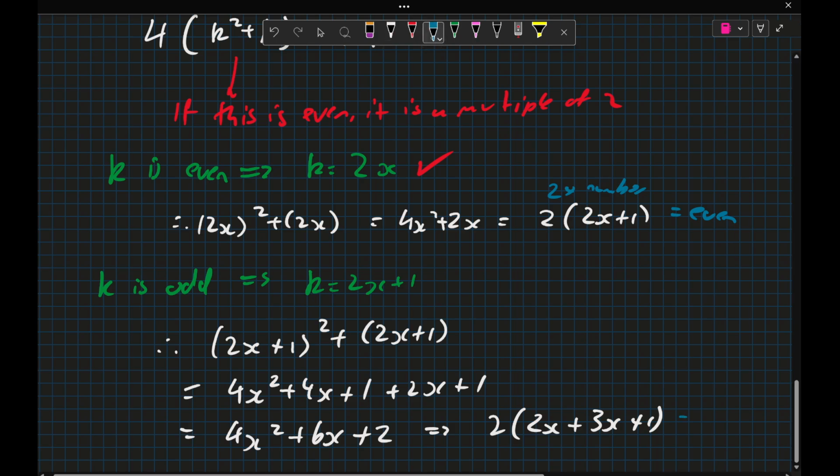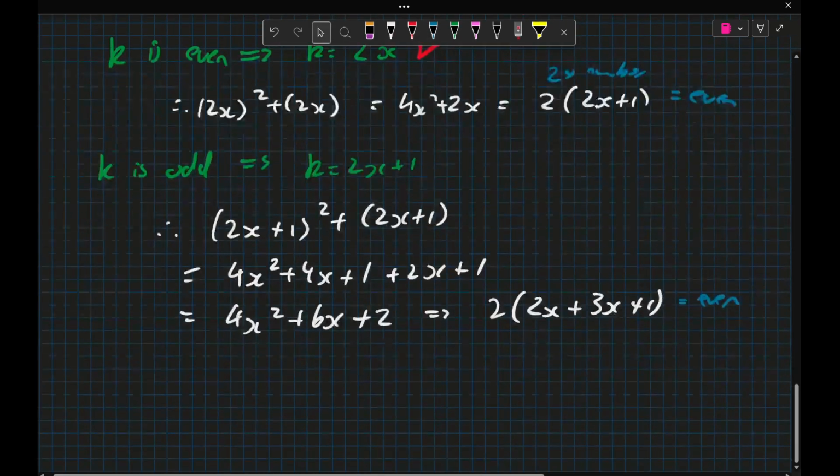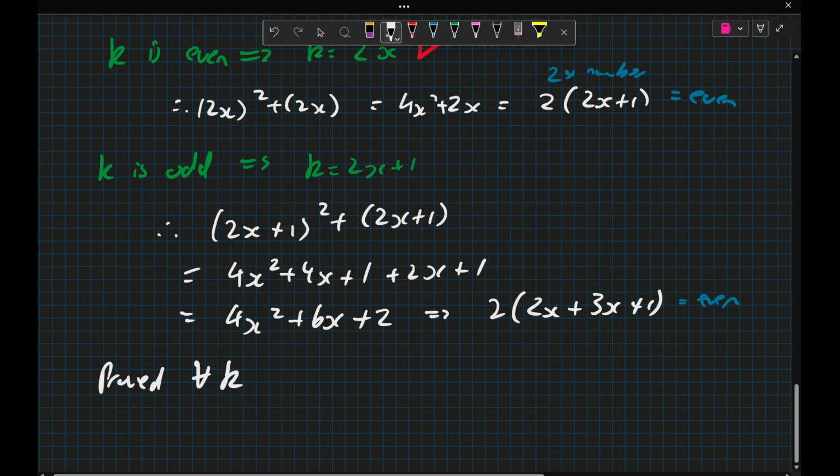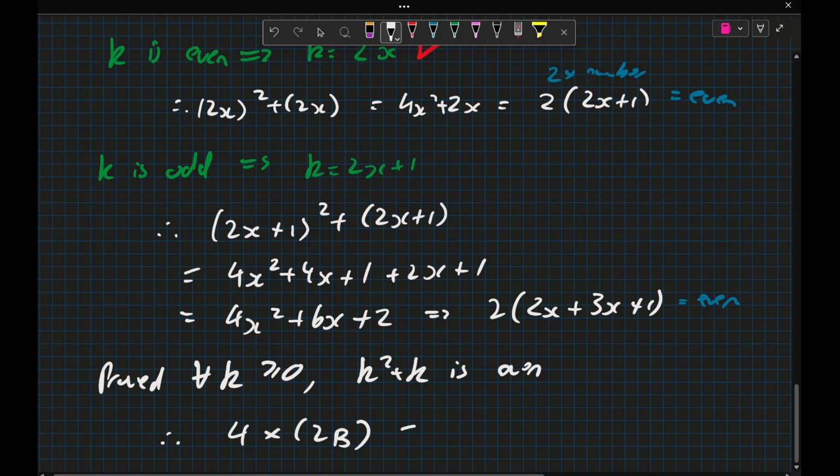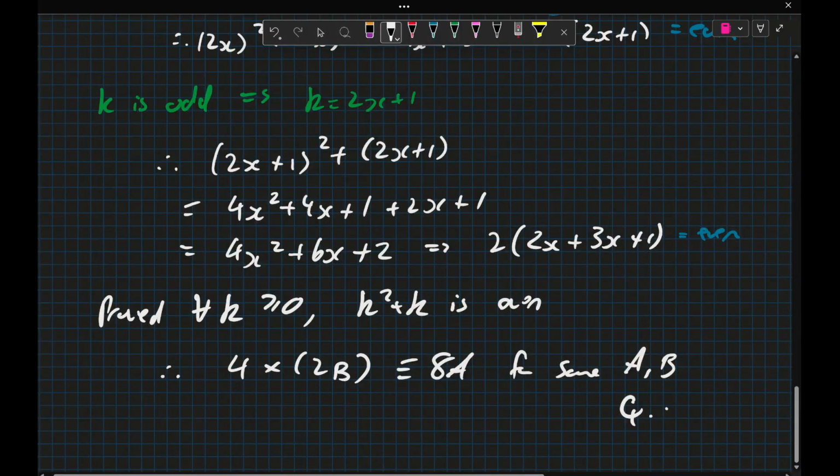Again, that is even. So we've proved for all k greater than or equal to 0, k squared plus k is even. Therefore, 4 times an even number, which we'll call b, is always equivalent to 8a for some a and b.